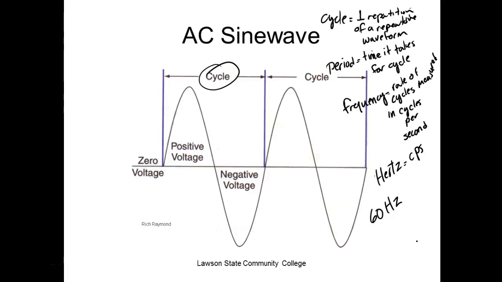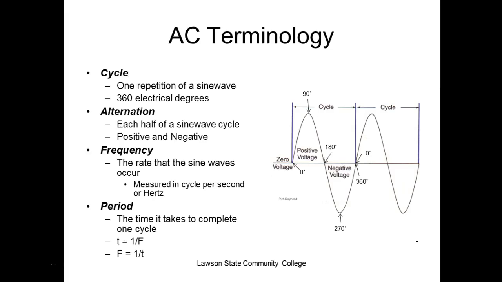Frequency is the rate of the cycles, measured in cycles per second or hertz. This is the terminology on the slide. It says one repetition of a sine wave, and that's not exactly true. It's one repetition of a repetitive waveform, because we run into a lot of other repetitive waveforms that are not AC.